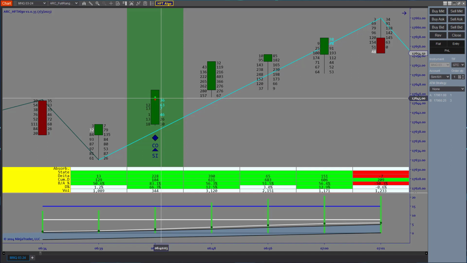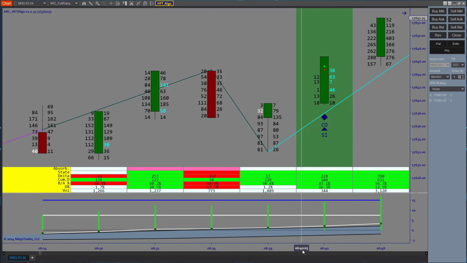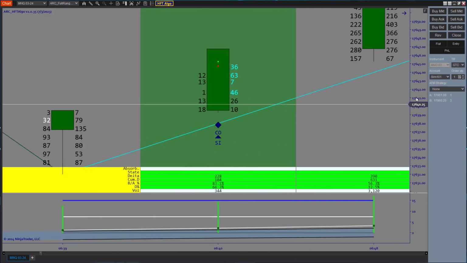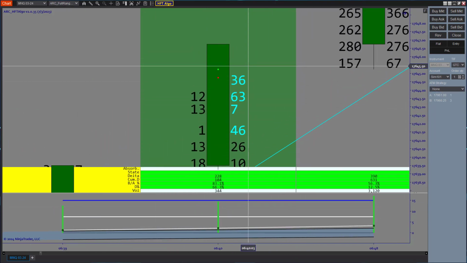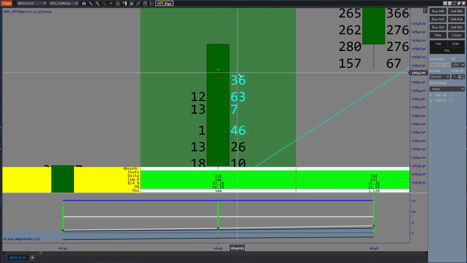Now when you're doing it this way, the algo is figuring where the actual entry of that move is, of that trade, because it's accounting for orders coming into the market. So when it shows that this is the target and the stop, the entry is exactly here and nowhere else, because the algo, based on the back testing and the engine that has been built into this, is going to show exactly where the entry is.